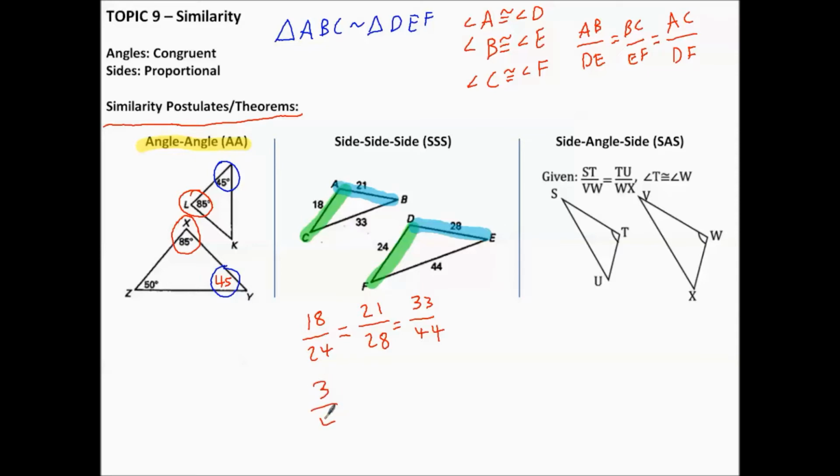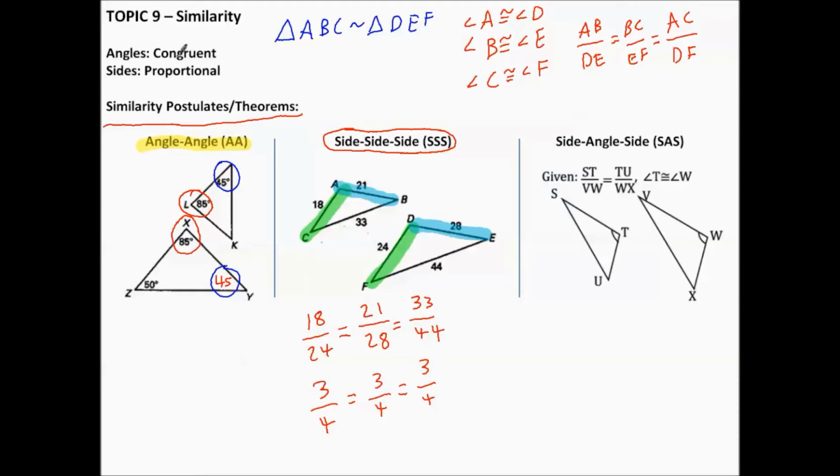The cool thing about this is each one of these uses the same ratio of 3 to 4. 3 to 4 is our scale factor. That lets us know how much larger this triangle is than that triangle proportionally. Because this ratio is the same for all three, not only is that the scale factor, but that proves that these triangles are similar by side.